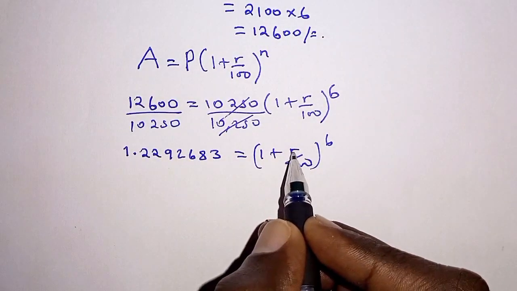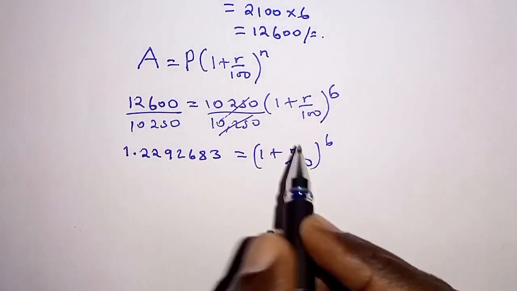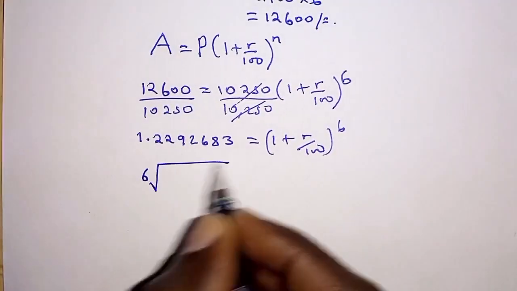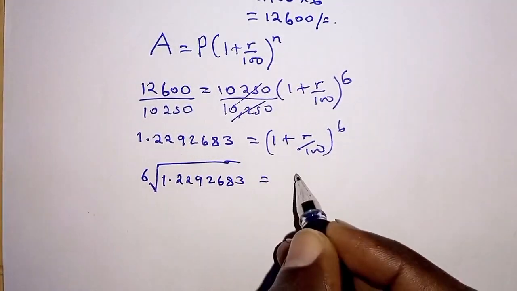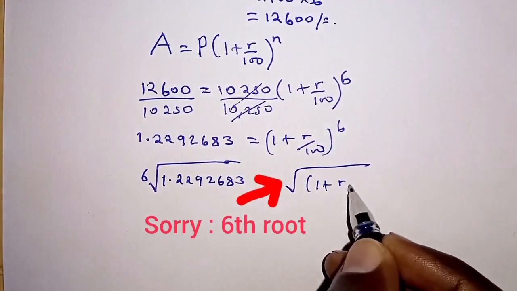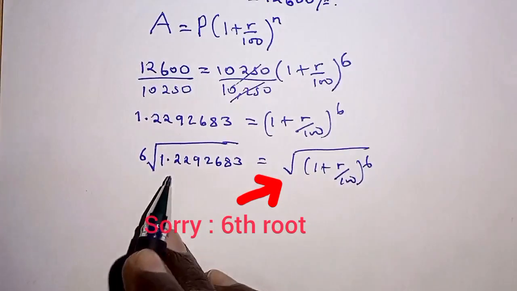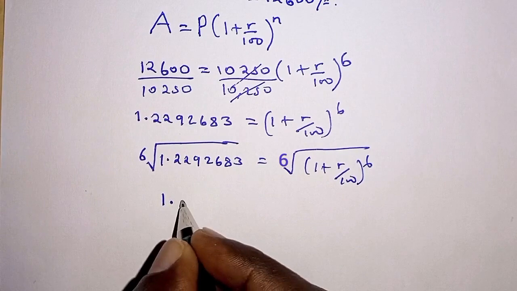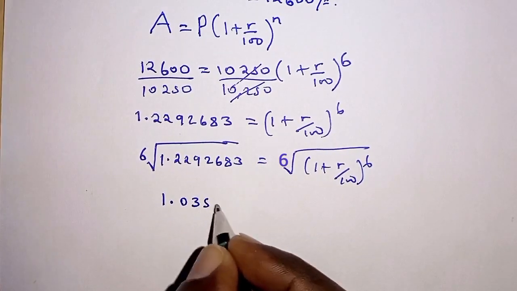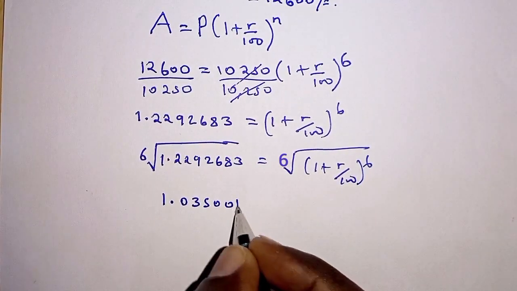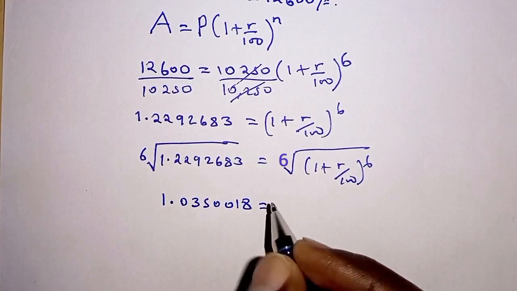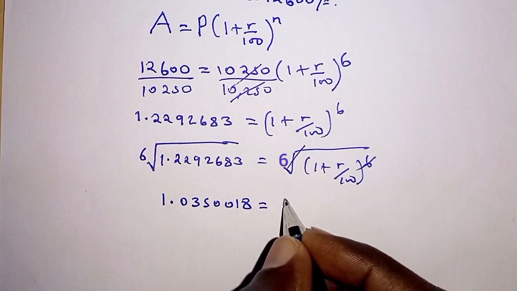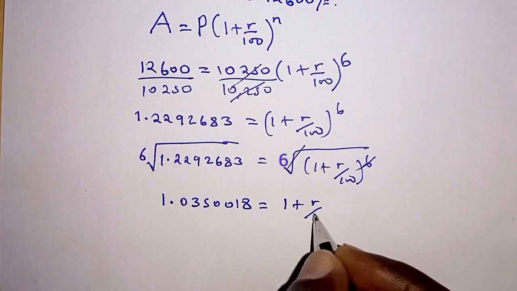In order to get r, we'll be forced to find the sixth root on both sides of the equation. So on the left hand side, we will have 1.0350018, and then on the right hand side, the root and the power disappear, so we have 1 plus r over 100.